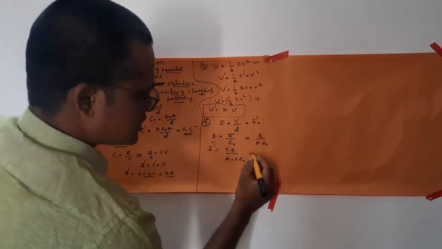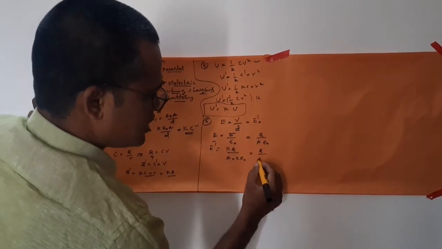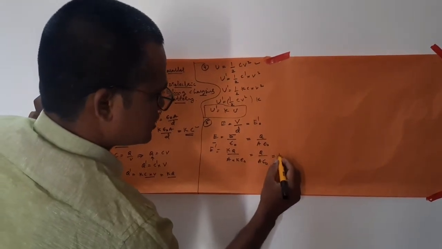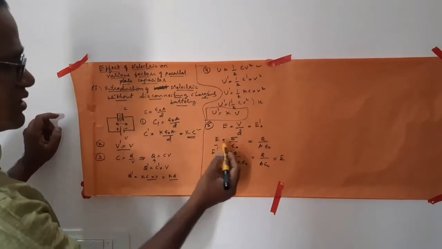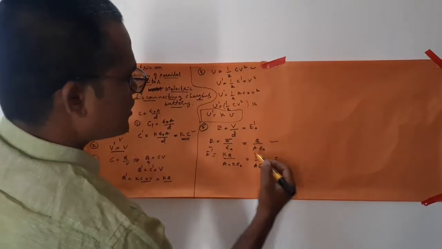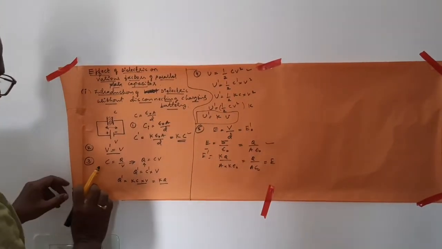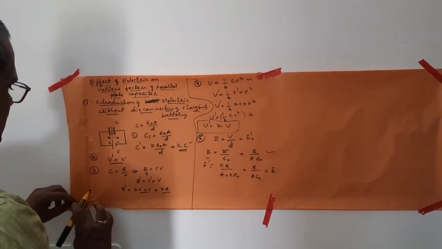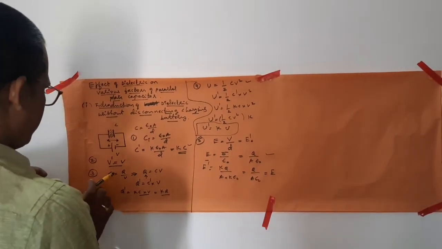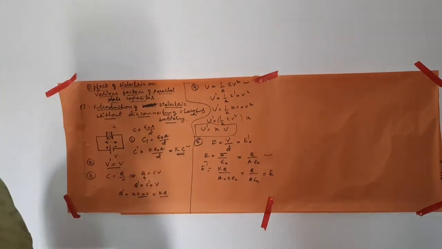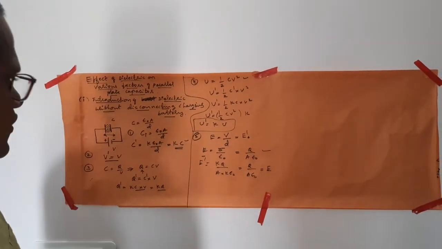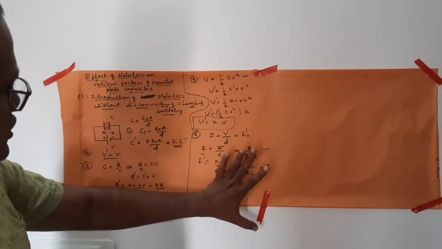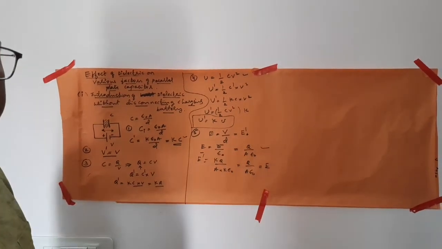Here K cancels, and we get Q by A epsilon naught, which is the same as before. So even using this formula directly, you can confirm there is no change in the electric field. It remains the same.